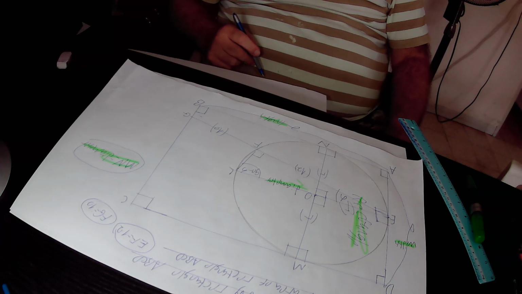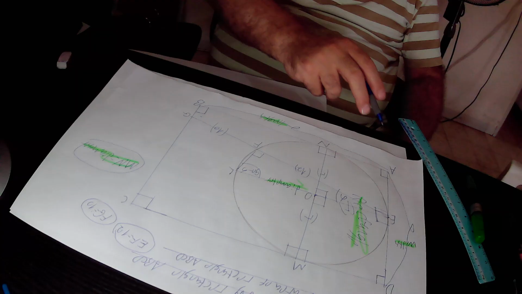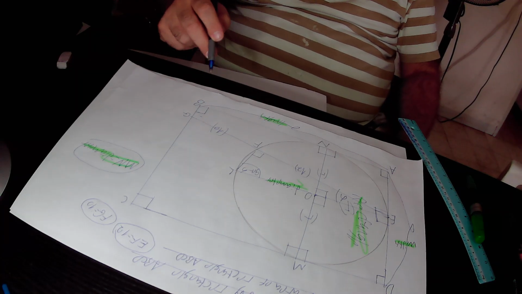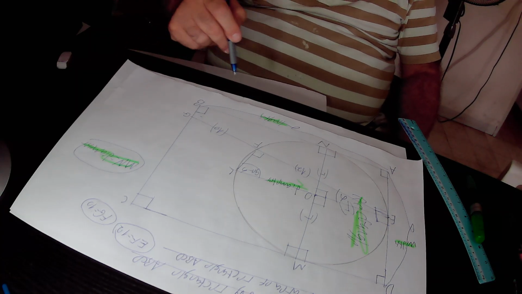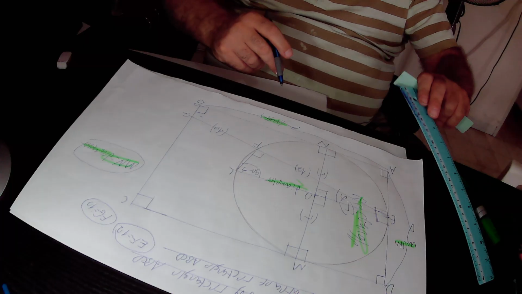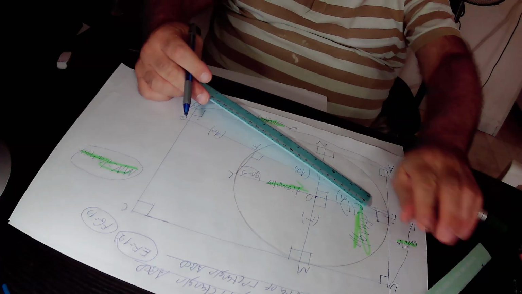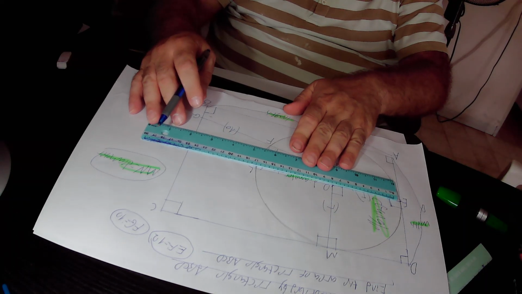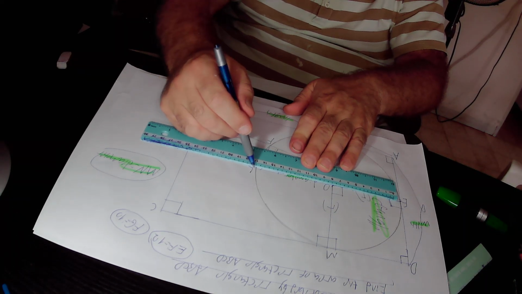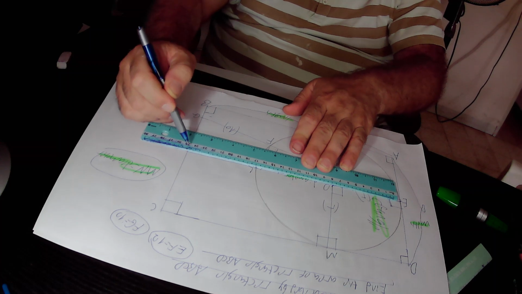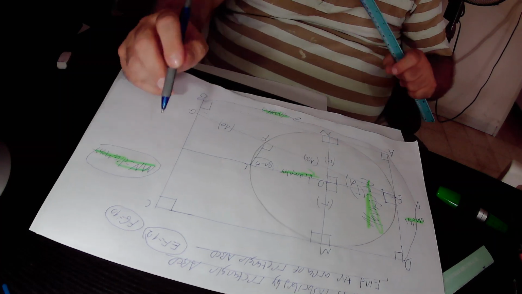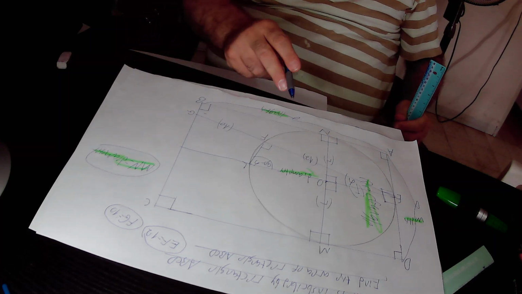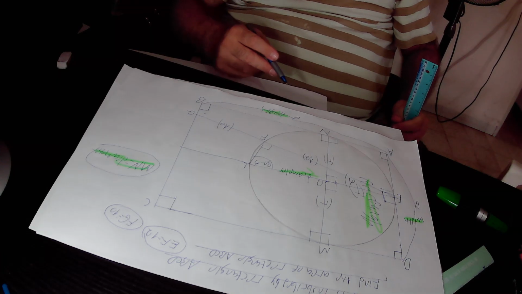In the next step, we'll extend the diameter EL by a straight line until it touches side CB of this rectangle ABCD. EL as a diameter is absolutely a straight line.